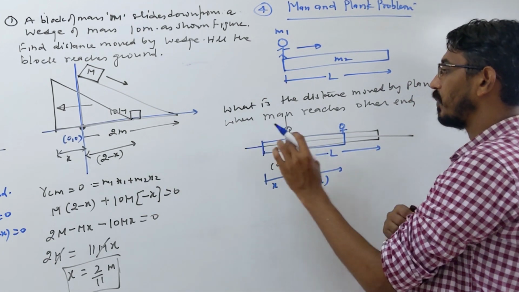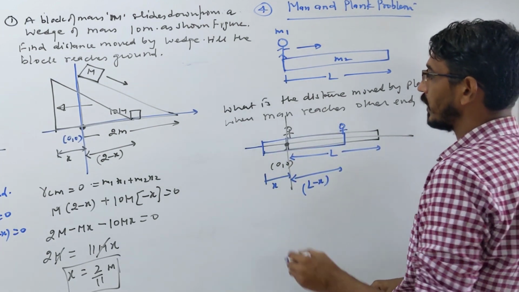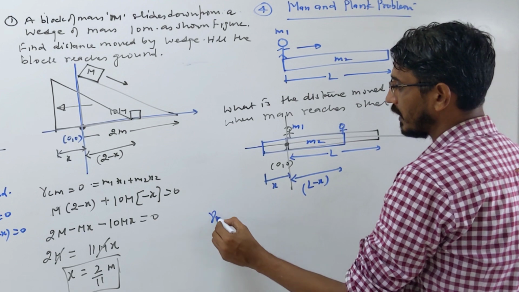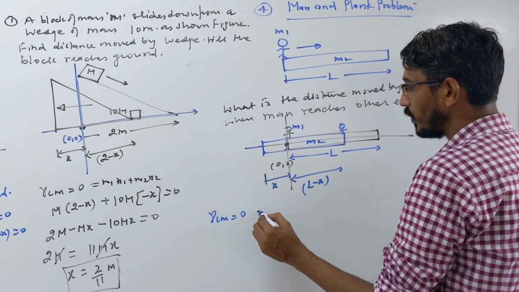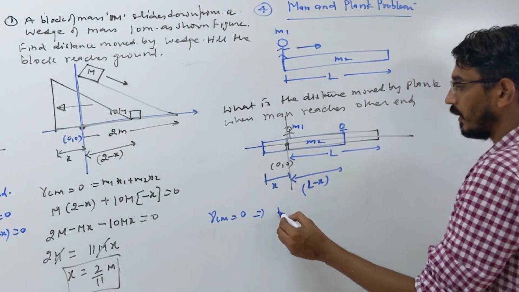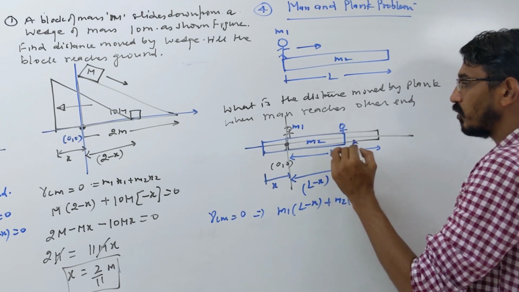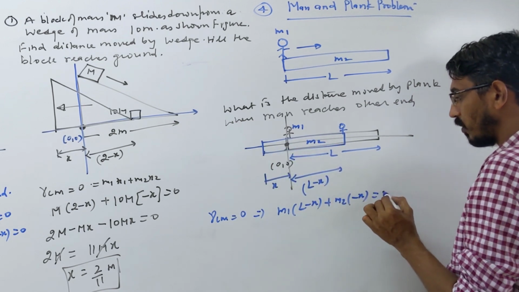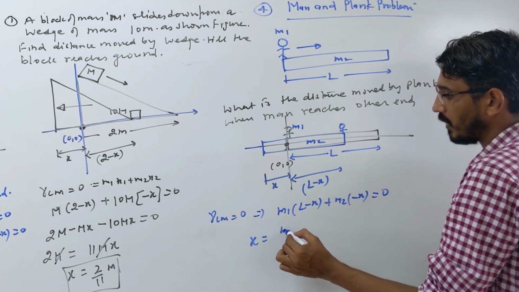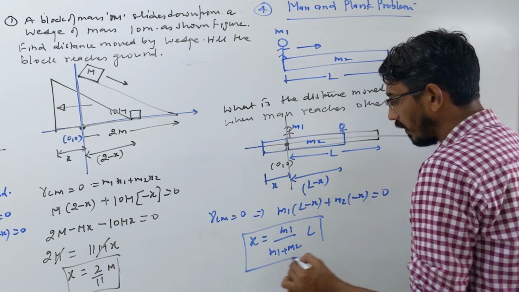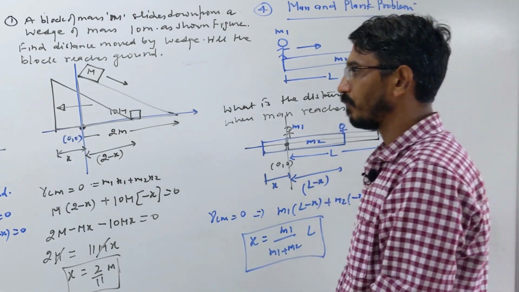Exactly the same, the man's mass we call M1, the plank M2. So you write RCM equal to 0: M1 times the distance moved by the man, L minus x, plus M2 times the distance moved by the plank, minus x, is equal to 0. So x comes as M1 upon M1 plus M2 into L. That will be the distance moved by the plank.